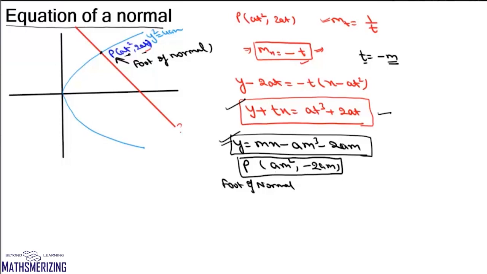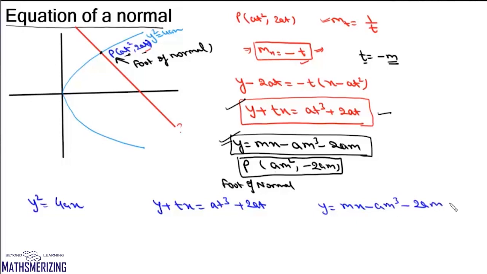So now we can start writing the results. If the equation is y square equals 4ax, we can write the equation of normal as y plus tx equals at cube plus 2at, or y equals mx minus am cube minus 2am.